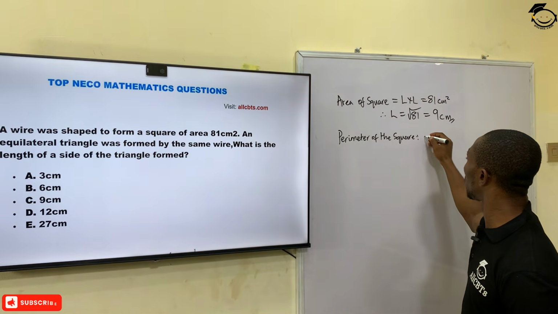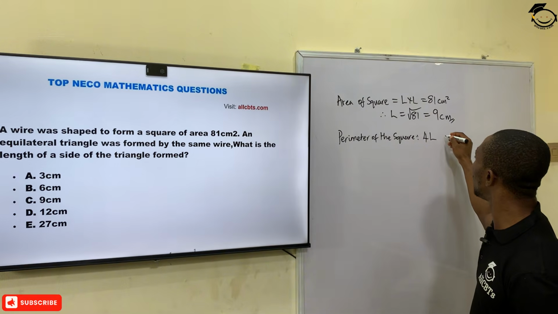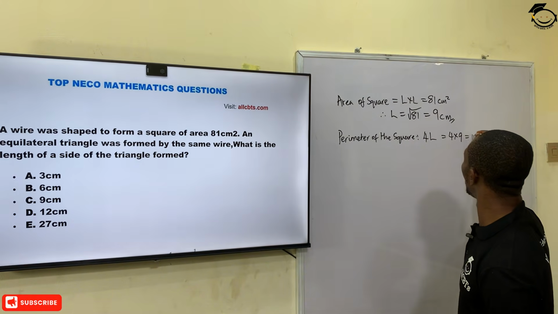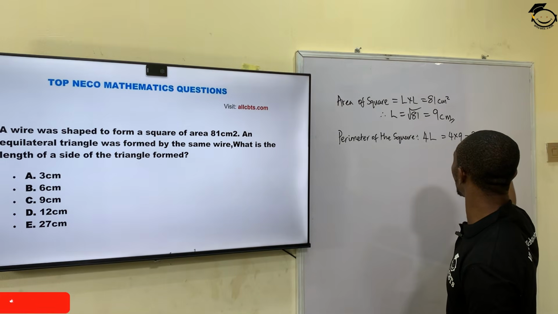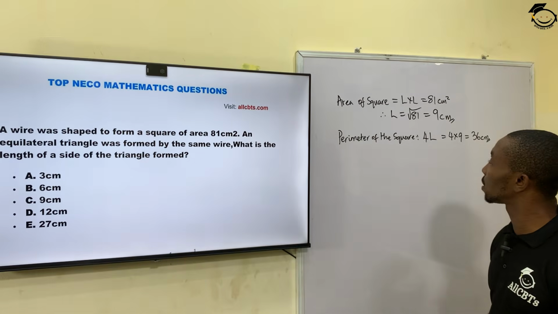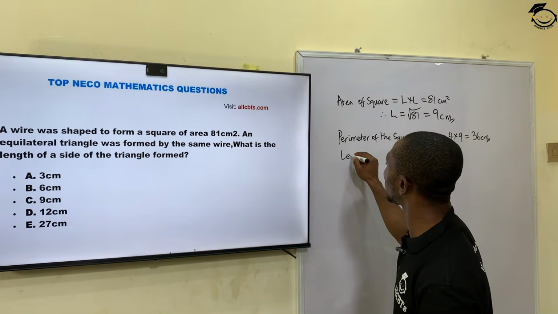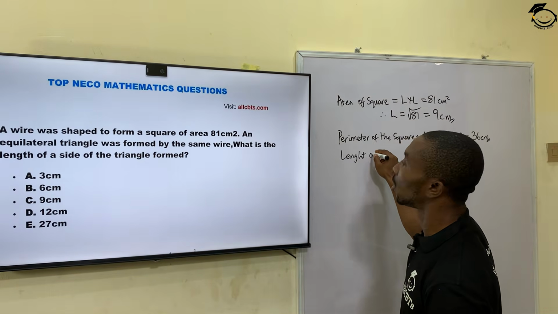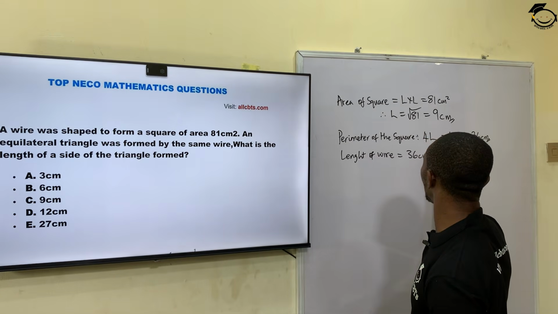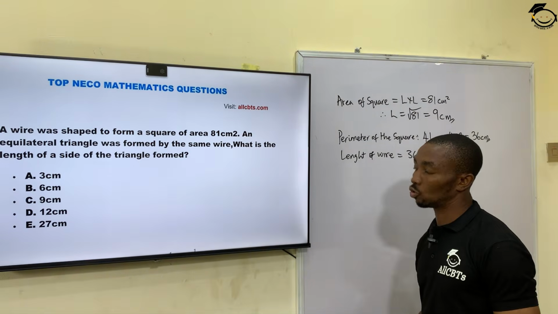Now, the perimeter of a square is given as 4L, which becomes 4 times 9, which will give us 36 centimeters. So the perimeter of our square is 36 centimeters. That is to say, our length of wire is 36 centimeters.